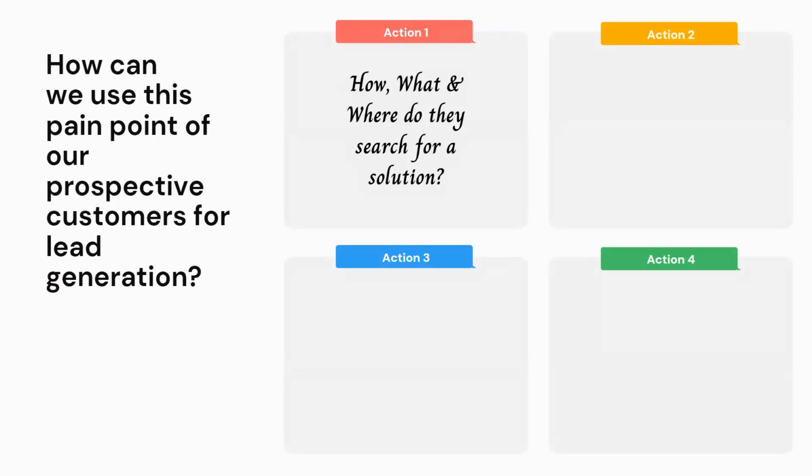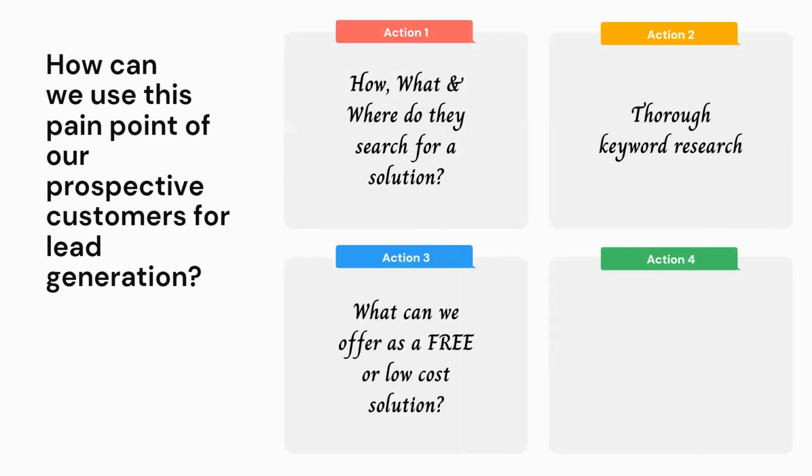So where do your customers, the owners of marketing agencies, search for an easy solution or a free solution? For that, we need to do thorough keyword research, which we will do as an example in this video. So the second action is: you understand a pain point, and you do thorough keyword research to understand what and where they are searching for a solution.